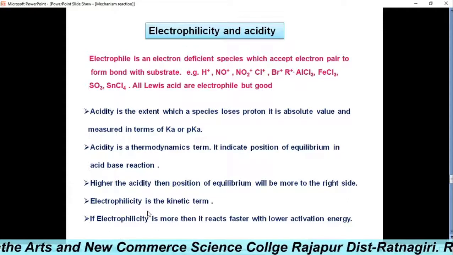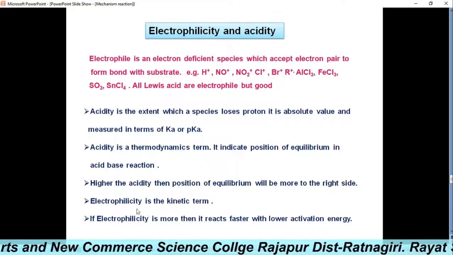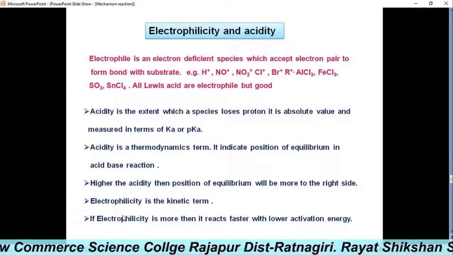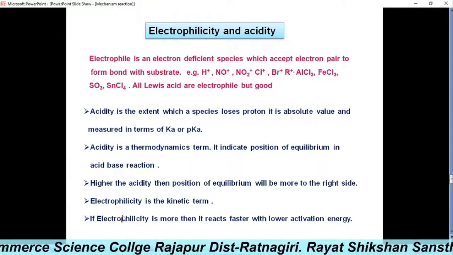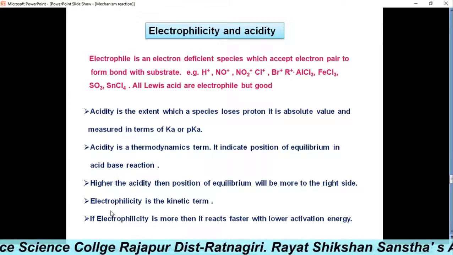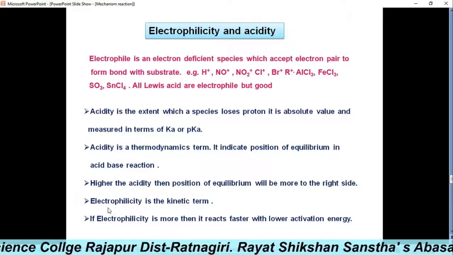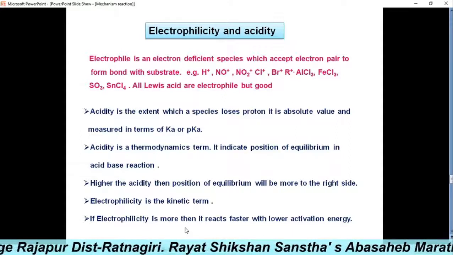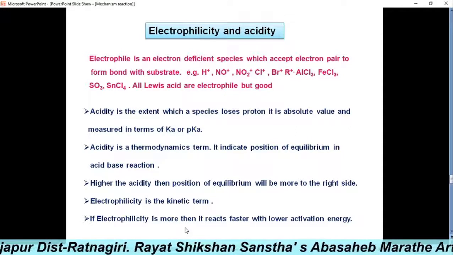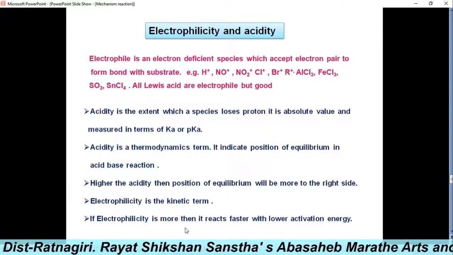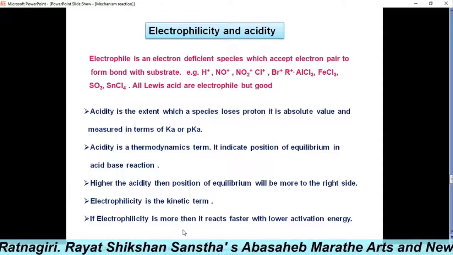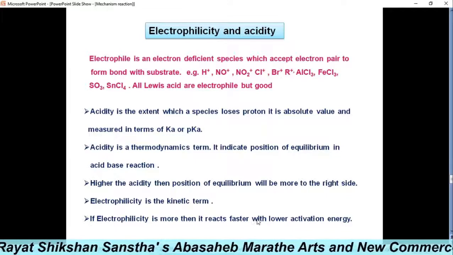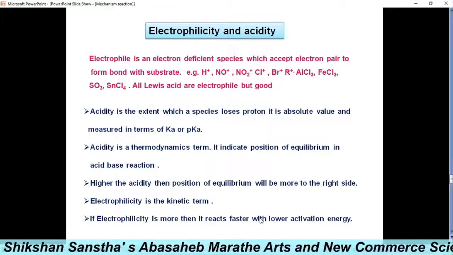Similarly, electrophilicity is the rate at which the acid accepts electrons and forms bonds with the substrate. Electrophilicity is a kinetic term which measures the rate of reaction. If electrophilicity is higher, it reacts faster with lower activation energy.